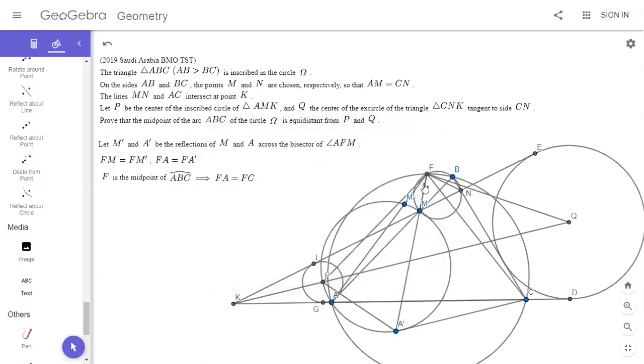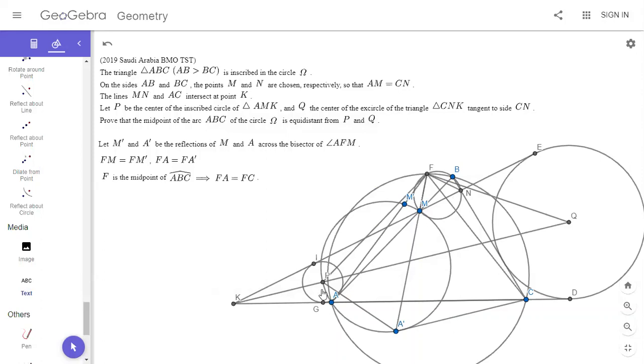And then we can show FBMN is cyclic by an angle chase. So yeah, in the problem we're given AM is equal to CN.